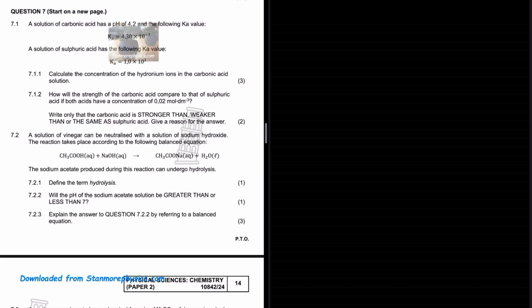Now for the carbonic acid solution in 7.1.1, we've been given the pH of it, and the pH is 4.2. There is a formula that we can use to calculate the concentration of the hydronium ions using the pH.